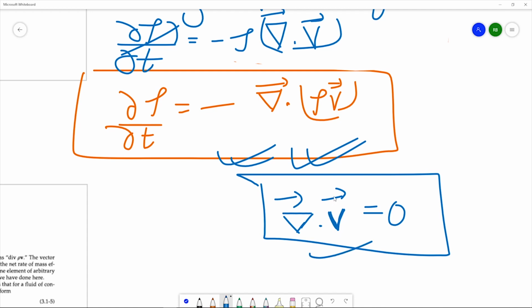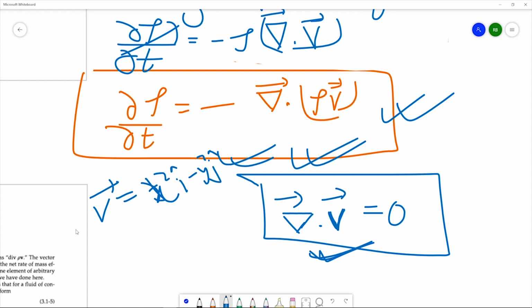If it's compressible, then you have to use the earlier equation. But if the density is constant, you can directly use this equation. This is the continuity equation. In an exam, one might ask, if the fluid flowing through a pipe has a velocity profile like x square i cap minus y square j cap, prove that the fluid is incompressible.